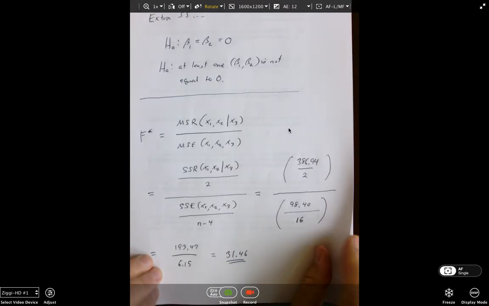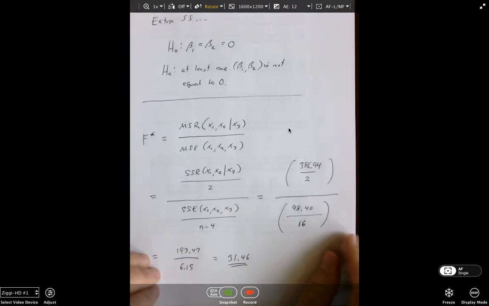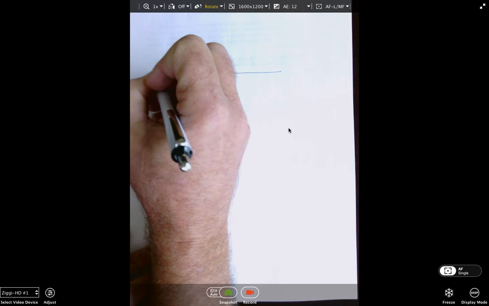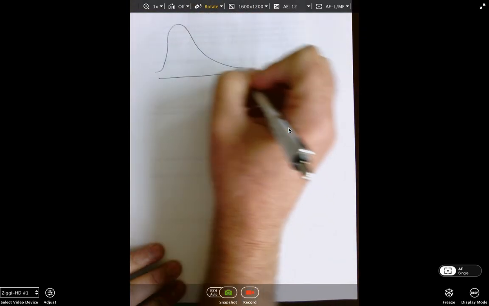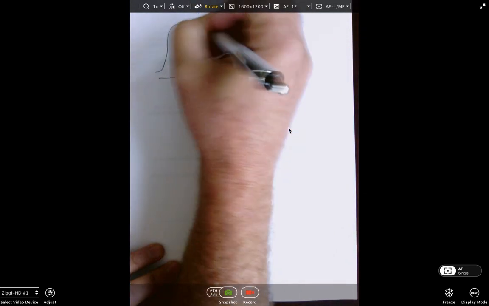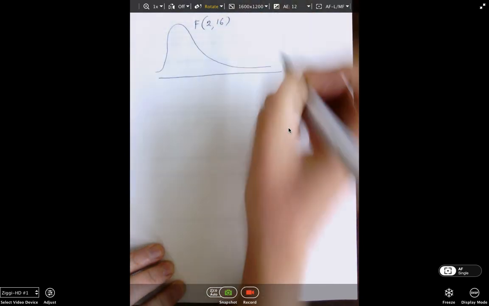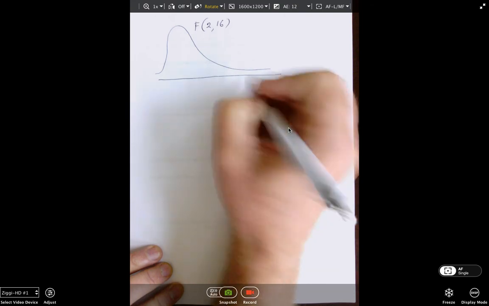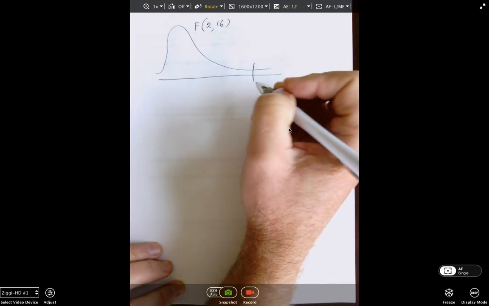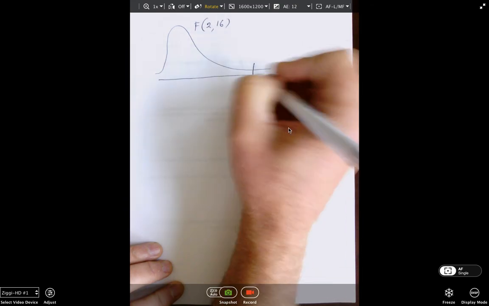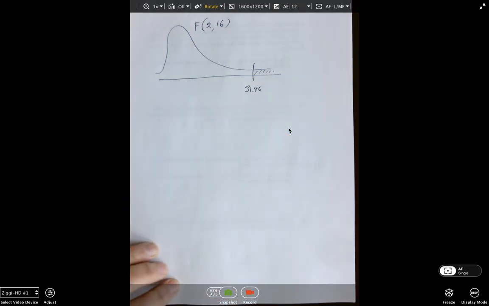I don't think we need R to tell us that's going to be statistically significant, but looking at the F distribution of degrees of freedom 2, 16, I'm betting 31.46 is going to have very, very little room out there.